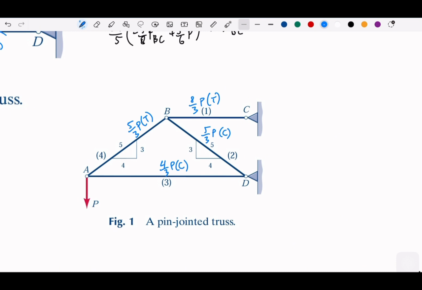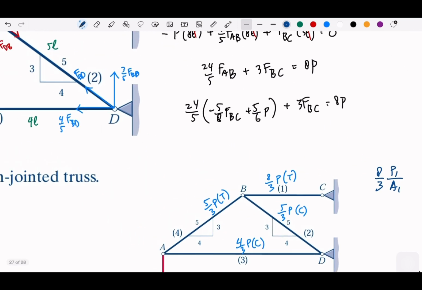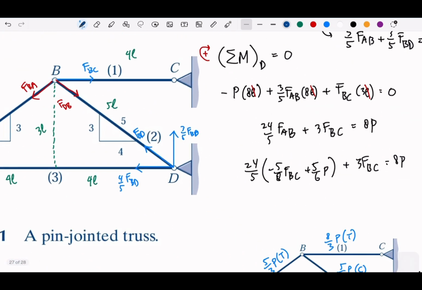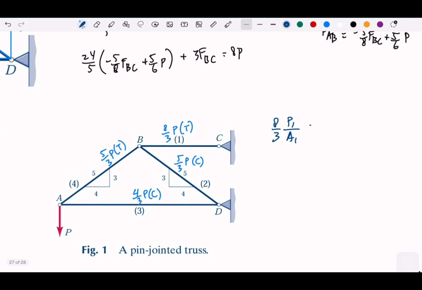So the allowable should be 8 over 3 P1 over A1. The A is all 500, right? 500 millimeter square. So this should be equal to 300 megapascal or Newton over millimeter square. So this should be P1 over 500 millimeter squared, Newton over millimeter squared.